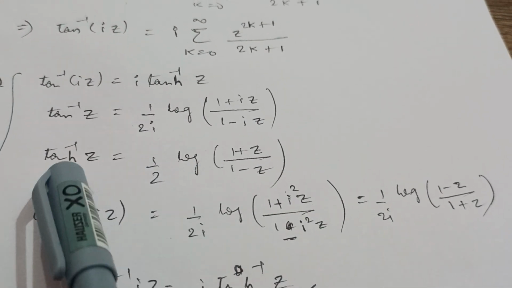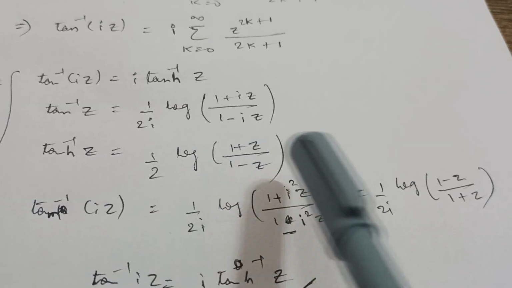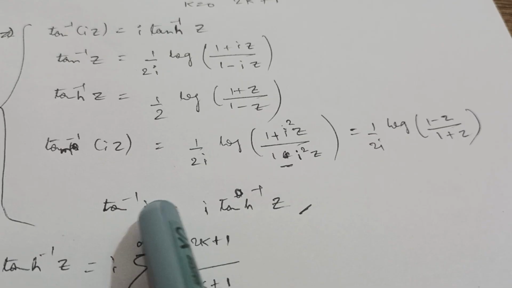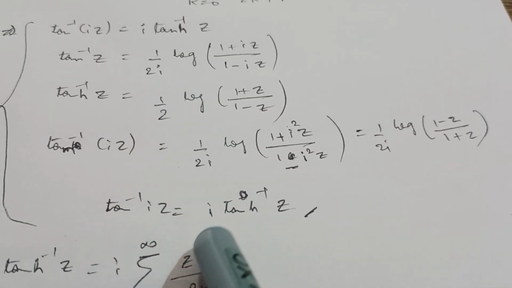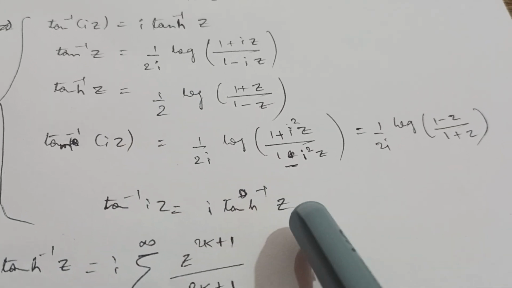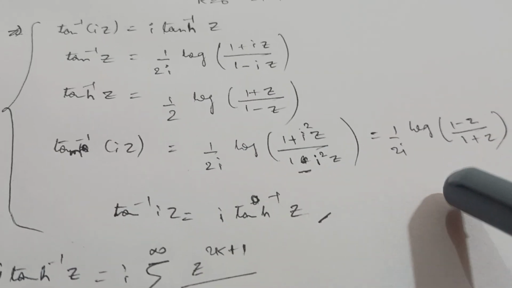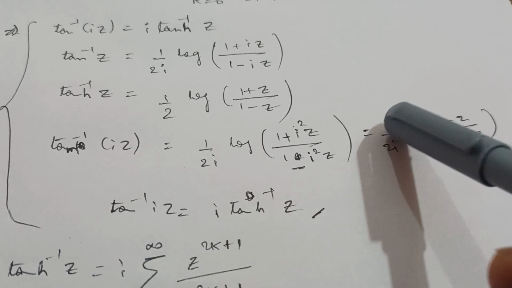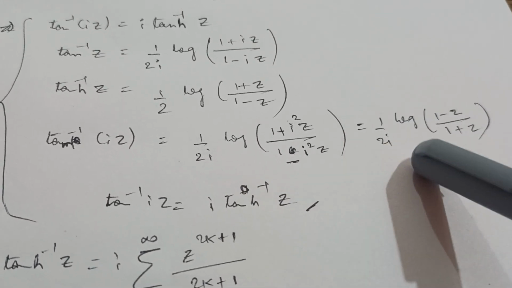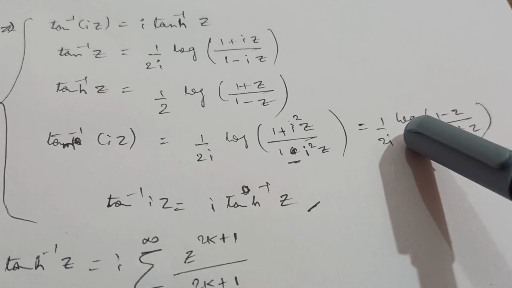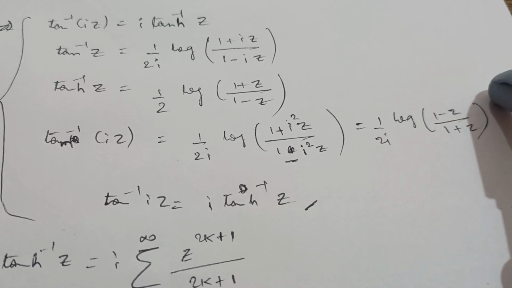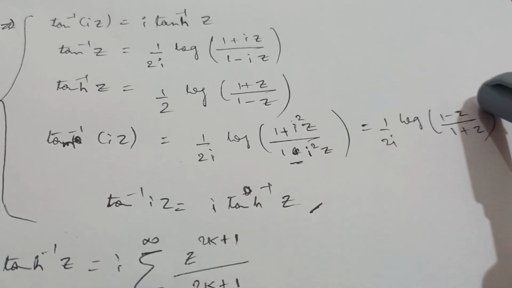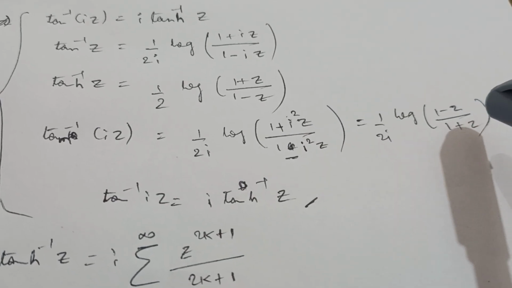And now you can see the relation. Tan inverse hyperbolic is this, and tan inverse iz is this. So we can write tan inverse iz as i times tan inverse hyperbolic z, because if you multiply by i the numerator and denominator, the numerator will have i and the denominator will become i squared, and that minus 1 we can give to the power of the logarithm, because a multiple of a logarithm goes to the power of the inside of the logarithm.